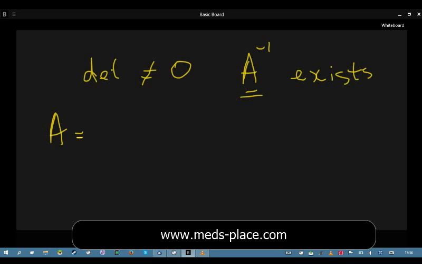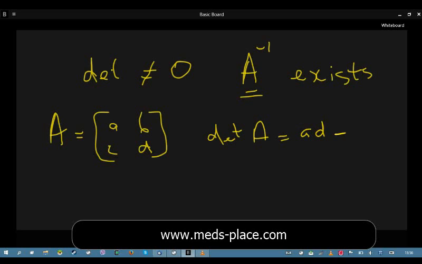If A is a, b, c, d, the determinant of A is ad minus bc. So if that is not equal to 0, then we have an inverse to our matrix.